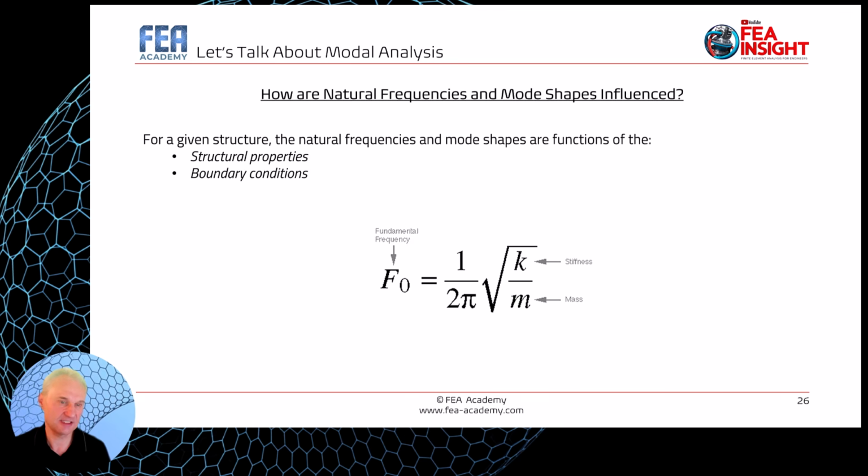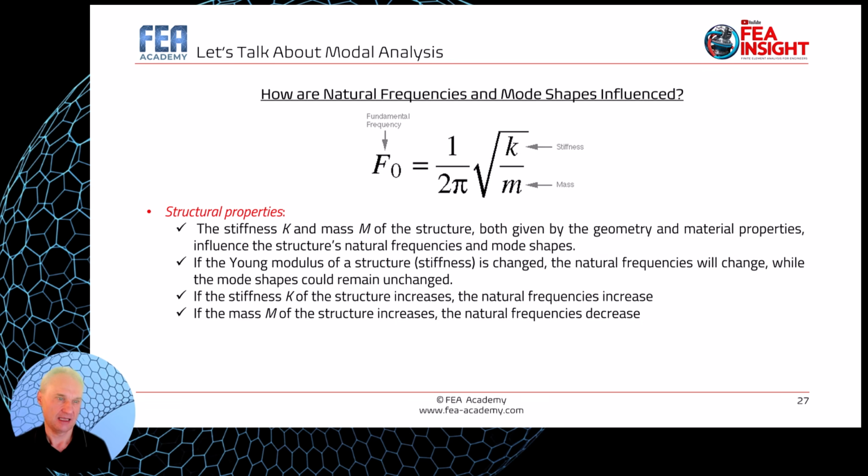You see that the two parameters here are the stiffness K and the mass M of the structure, both given by the geometry and the material properties, which influence the structure's natural frequencies and the mode shapes.